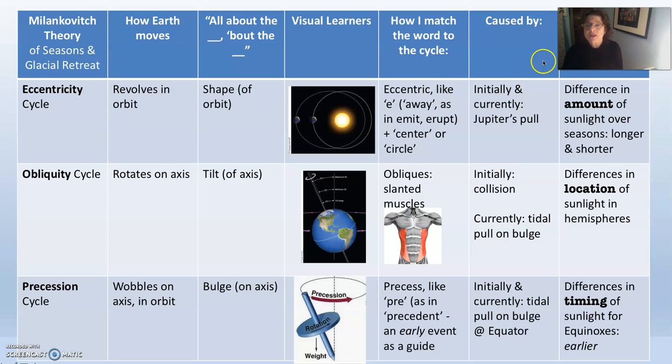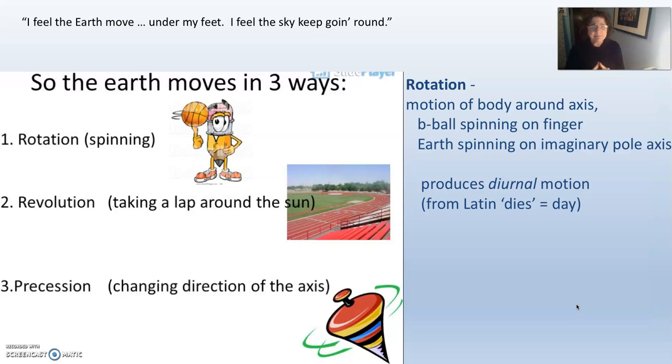And then there are vocabulary cues as well. All right. So we also talk about what these cycles are caused by and what they result in. They result in differences in the amount of sunlight, the location of sunlight, the timing of sunlight. I have some issues with the way this information is presented in the book. I present it slightly differently, and hopefully it'll make more sense to you. So the Earth moves in three different ways.